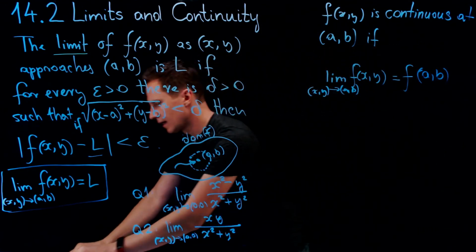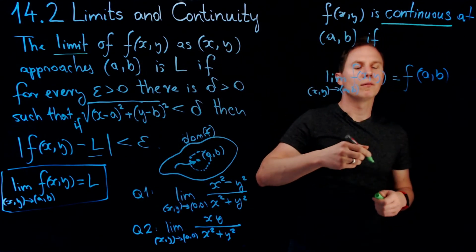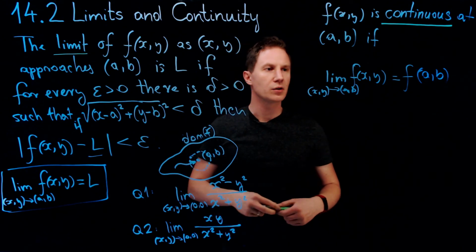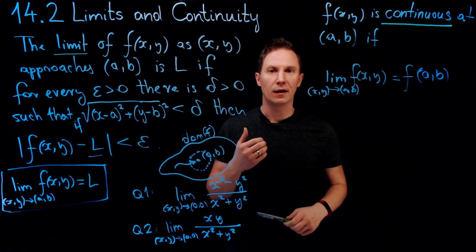This is when we say that the function is continuous, and we'll be mainly considering functions that are continuous. I hope you enjoyed this video, and I'll see you in the next one.